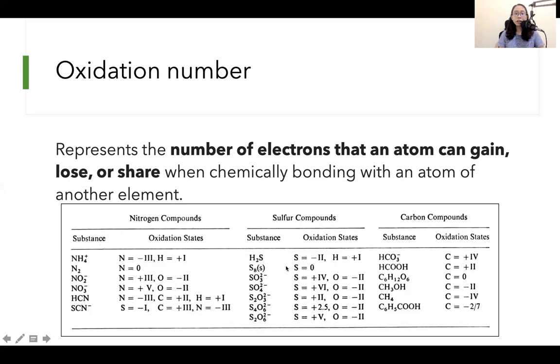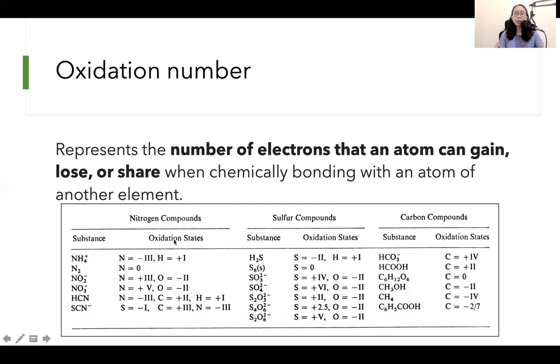So here in this table, you will see some examples. Remember, your oxidation number is specific for an atom. So, for example, we have here NH4+. This is your ammonium ion.